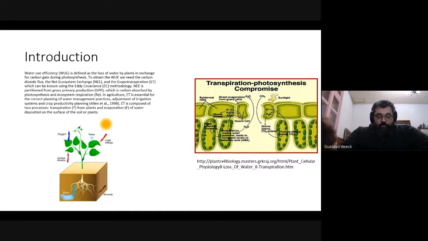Transpiration is a continuous process which comprises the absorption of water from the soil by the roots, transported through the xylem to the stomata that open to absorb CO2 for photosynthesis.